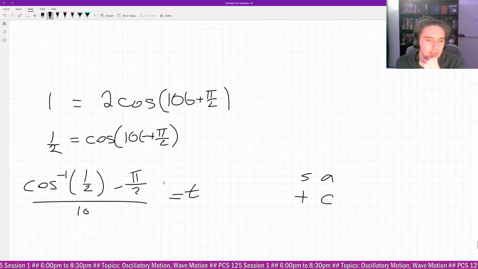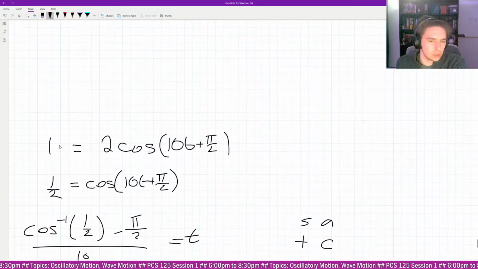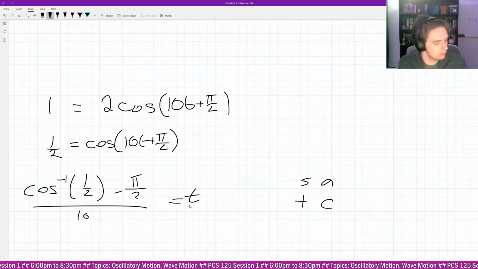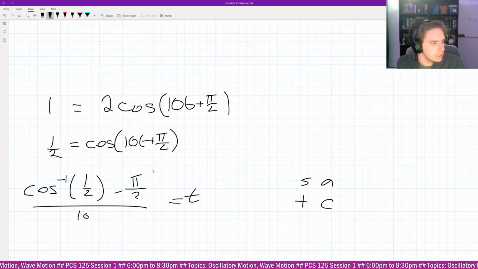And when t is 1, the x position should be this. Right? 1/2 cos inverse of a half minus pi over 2 over 10 equals t. Yeah, and I get an answer, but it's not the answer.